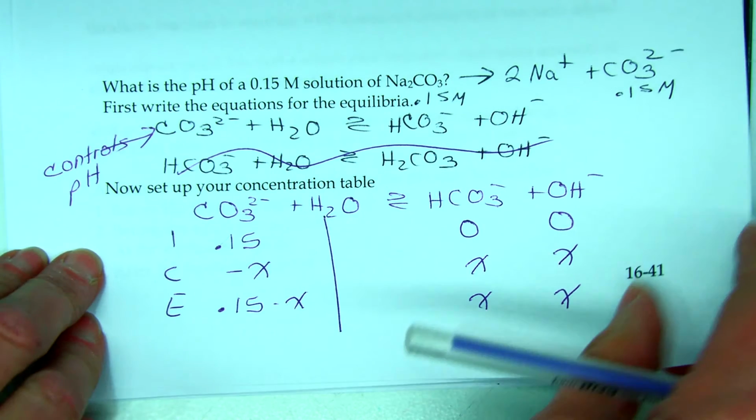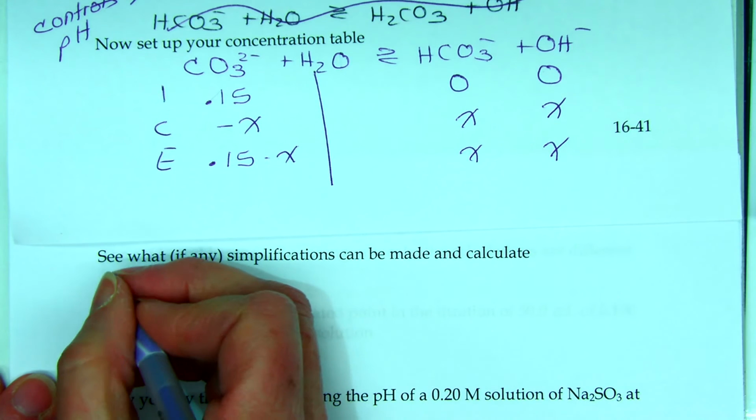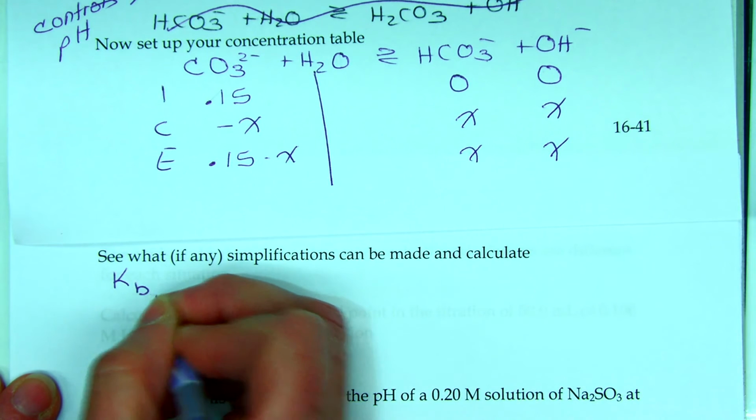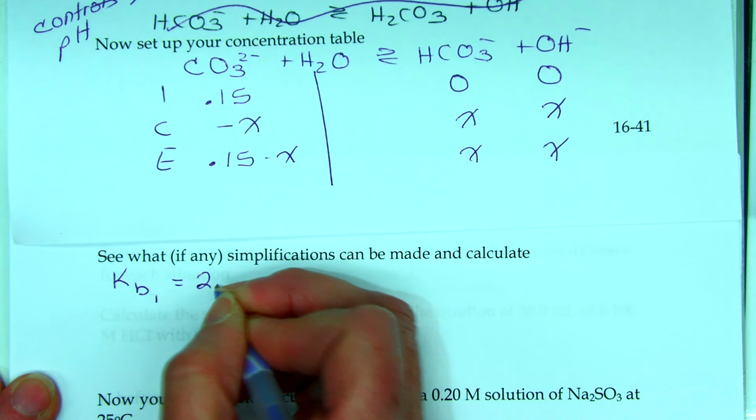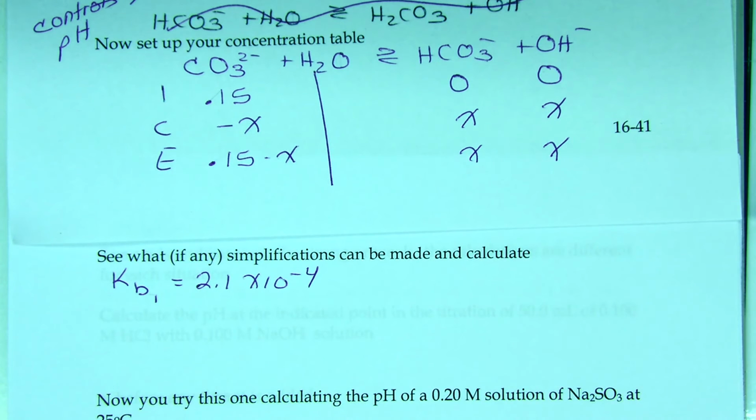Now, we say, what can I do to simplify this? Well, my Kb1 is 2.1 times 10 to the negative 4th. That's kind of marginal to ignore x, but I'm going to, because I don't want to do a quadratic.